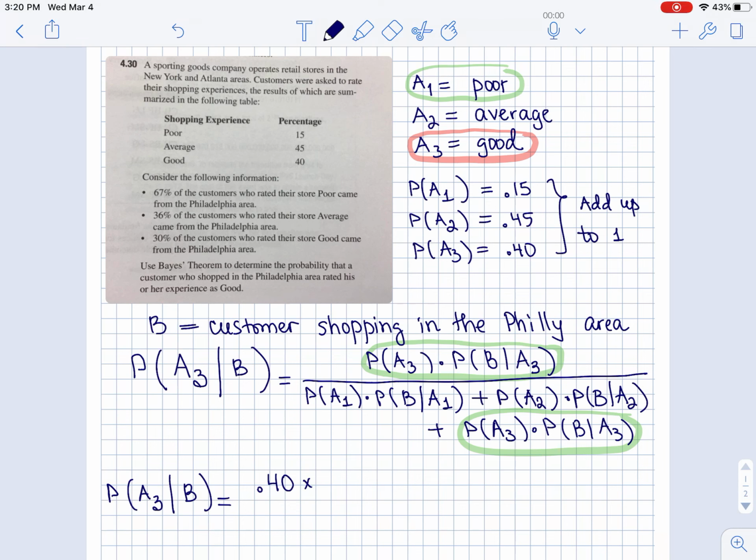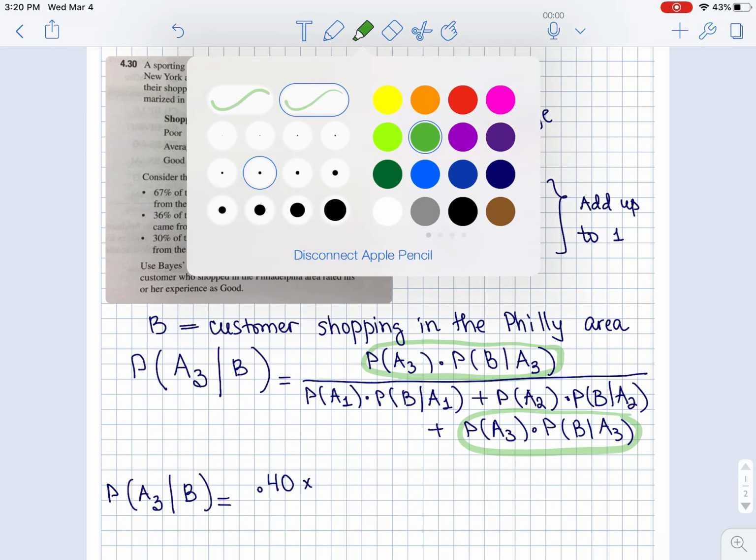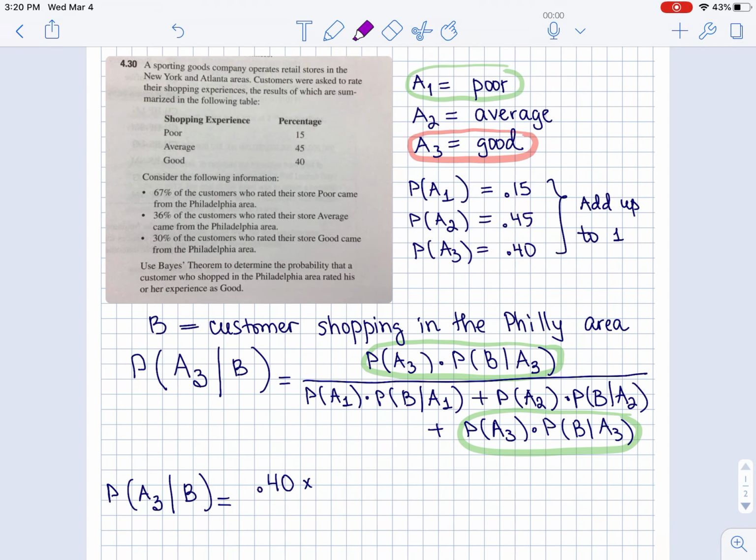The probability the customer is from the Philadelphia area given that they had a good experience. I'm going to mark this piece with a star, and that corresponds to this probability over here. So that's 0.30. Now we go down to the denominator.